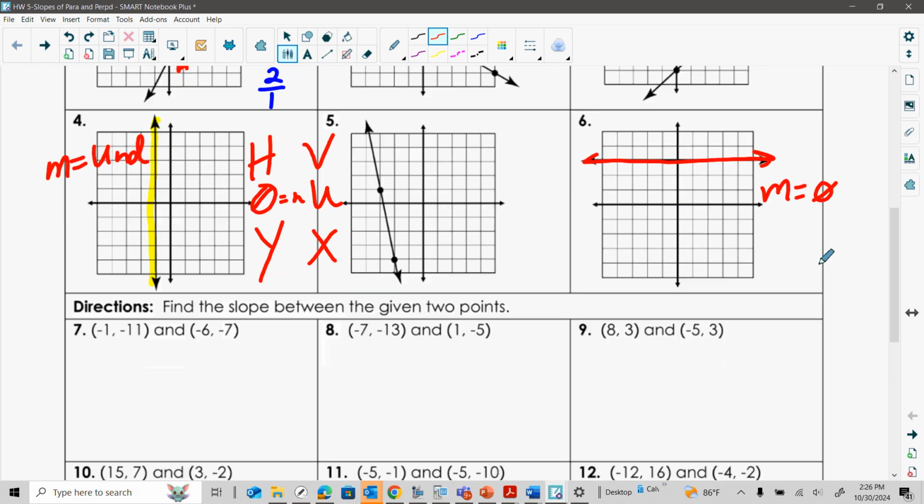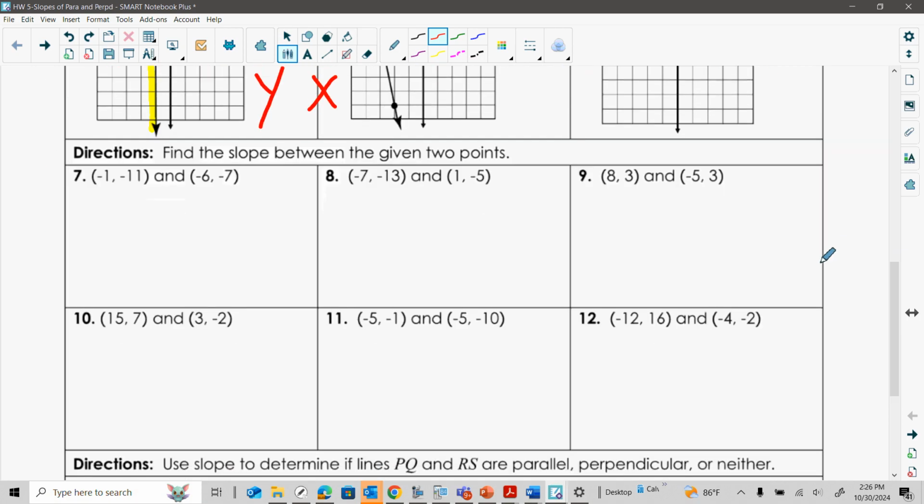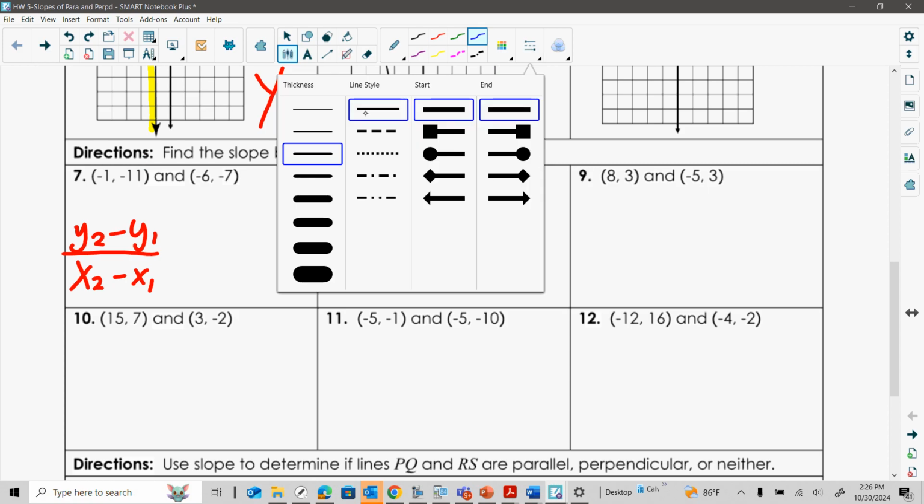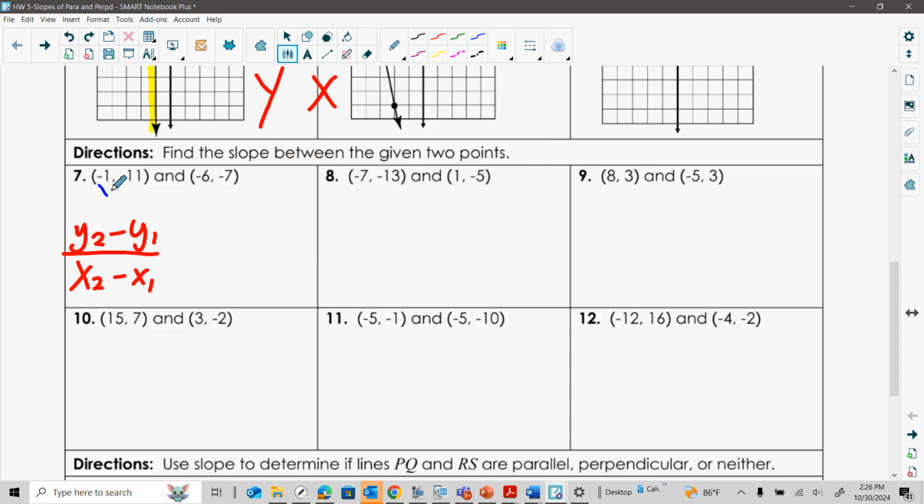Now, when you get to 7 through 12 here, you're given 2 points, and we're going to have to use your slope formula, y2 minus y1 over x2 minus x1. If you need to label your points, the first -1 here is your x1.